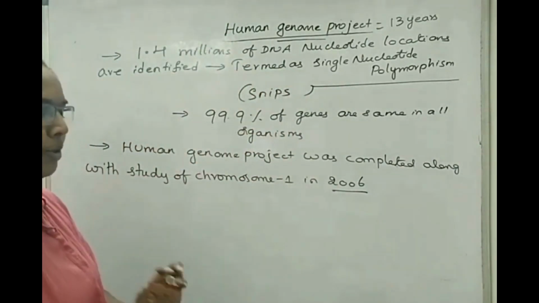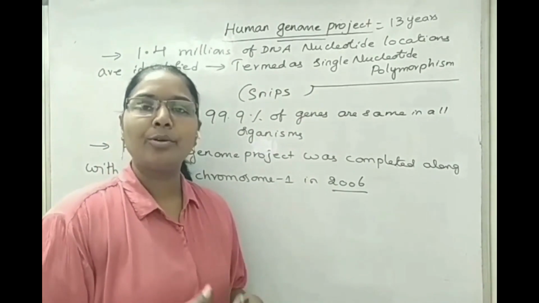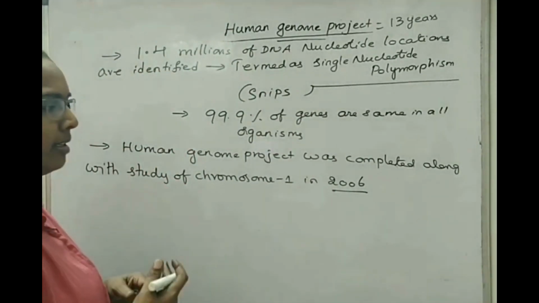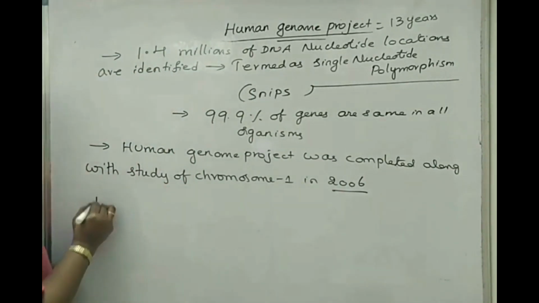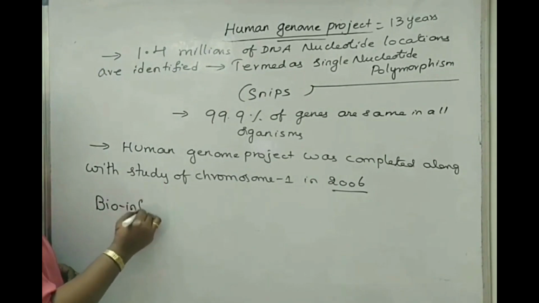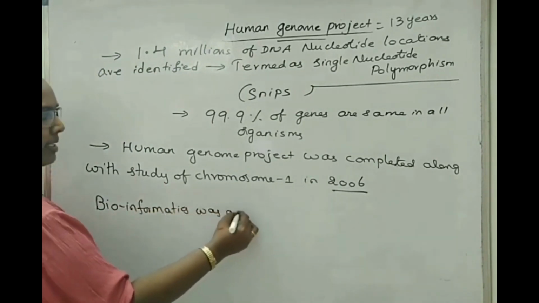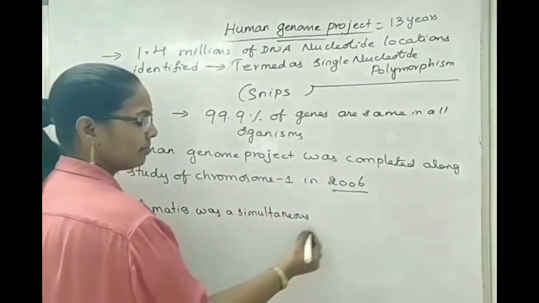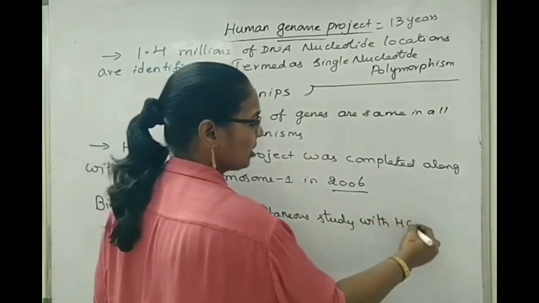For this Human Genome Project, there was another type of biological study called bioinformatics. The introduction of bioinformatics gave support to the Human Genome Project, and bioinformatics was a simultaneous study with the Human Genome Project.